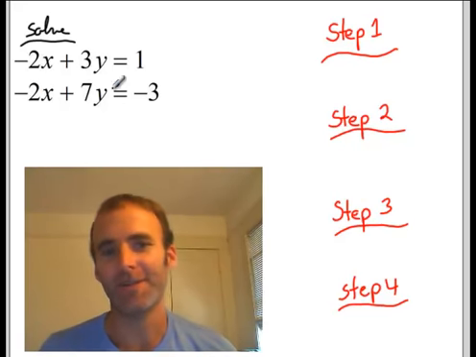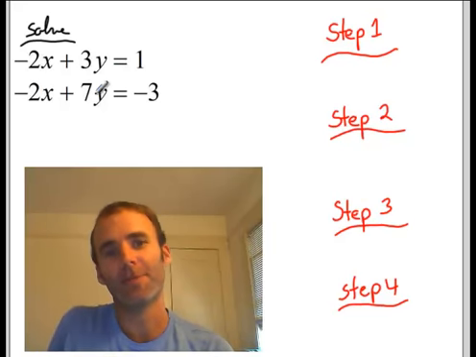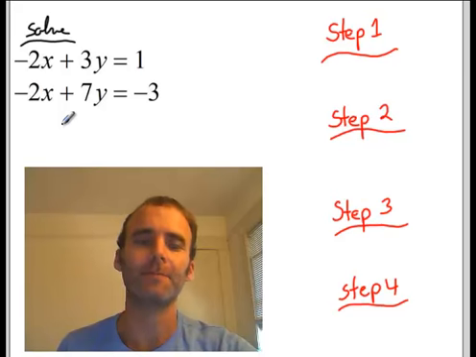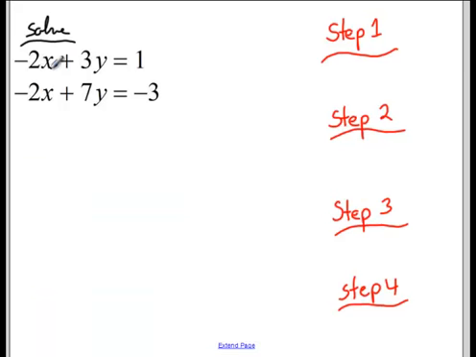Alright, so the first step in solving elimination problems is you need to recognize when to use it. If you look at these two systems of equations, one thing will jump out: this term is identical to this term.